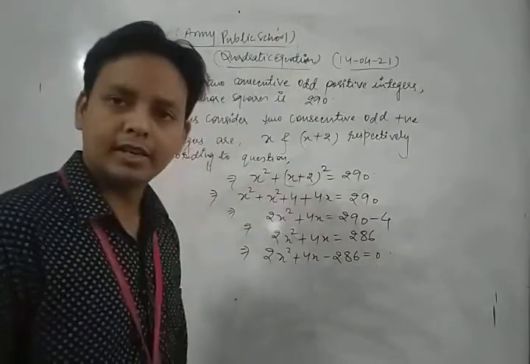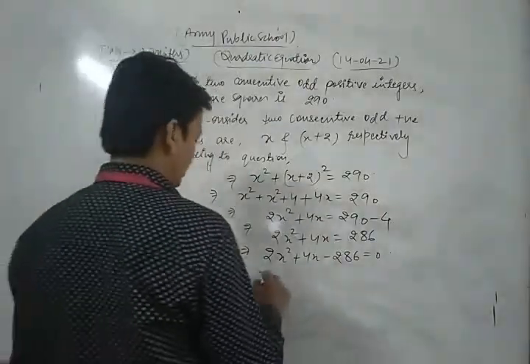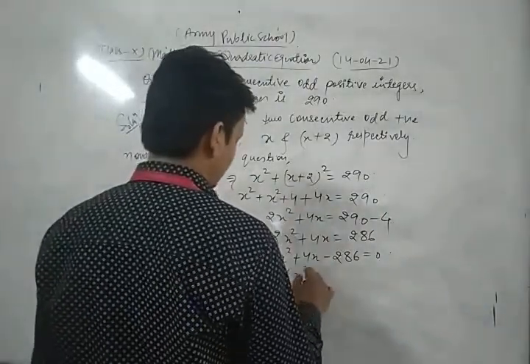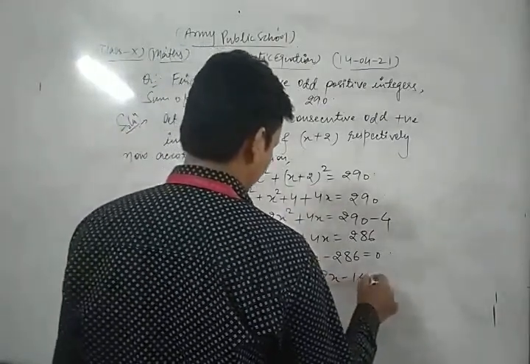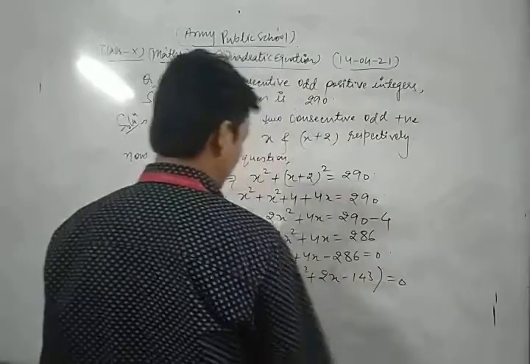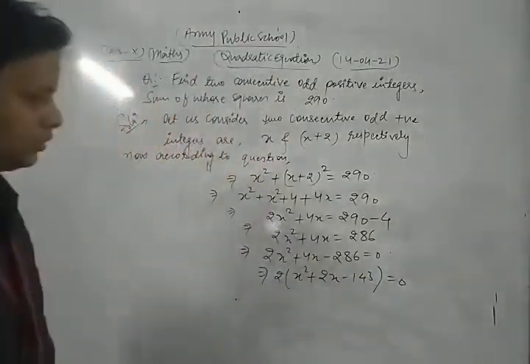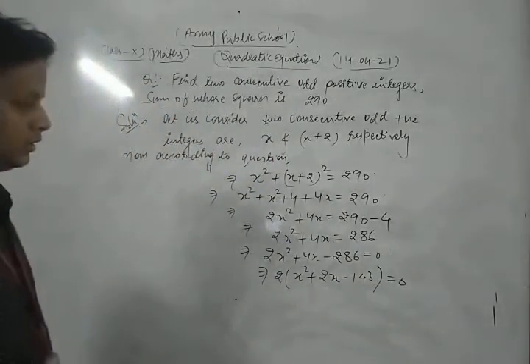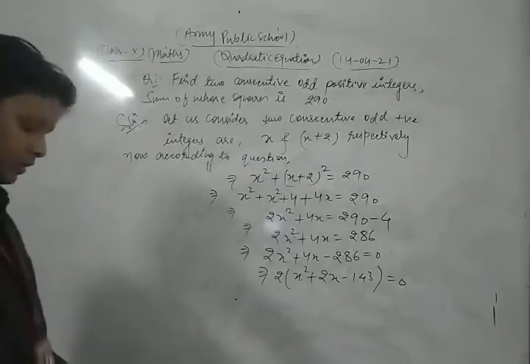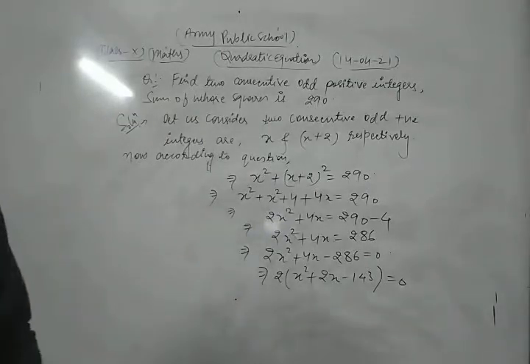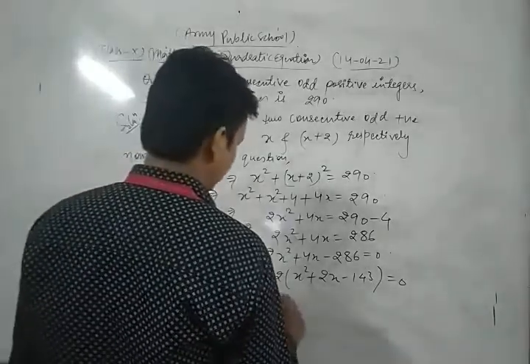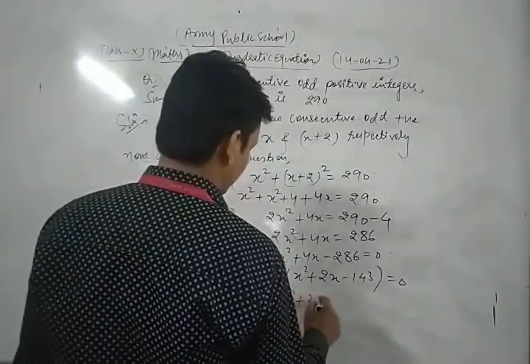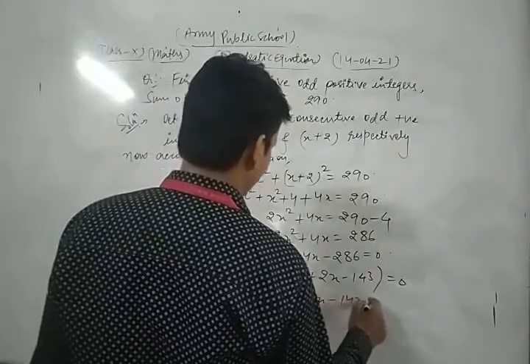Now we take 2 as common, so we get x square plus 2x minus 143 is equal to 0.